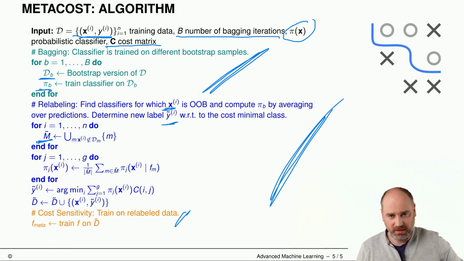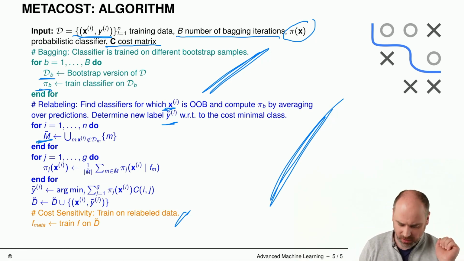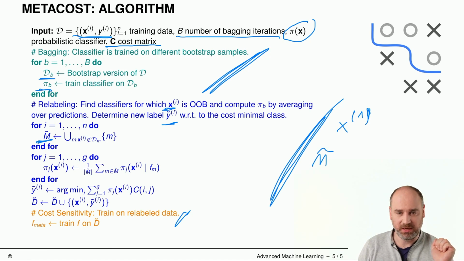So I'm given a certain observation. Let's say we start with x1, and I want to compute m tilde. The only thing I will do is check the first bootstrap iteration. Was x1 selected to be in bag in the first bootstrap iteration?